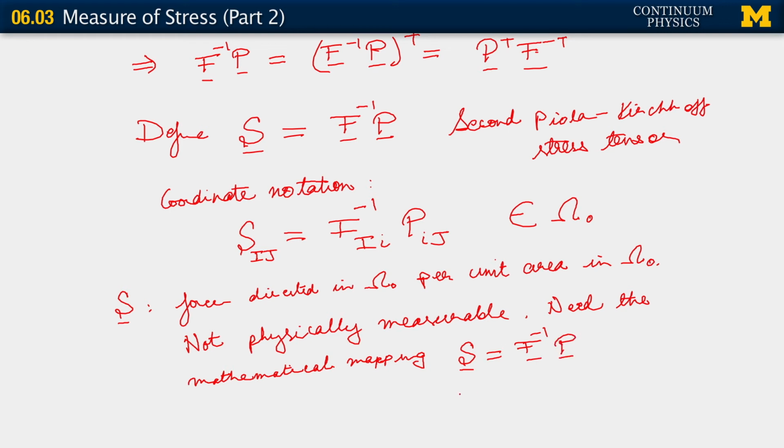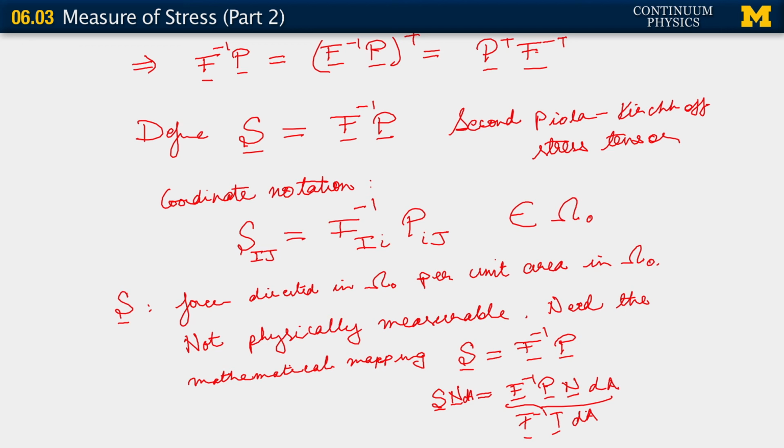And to really see how this works out, observe that now if you take the right hand side and just multiply P with the area vector, what you see is that what you're doing here is essentially applying F inverse to that force that we had there.